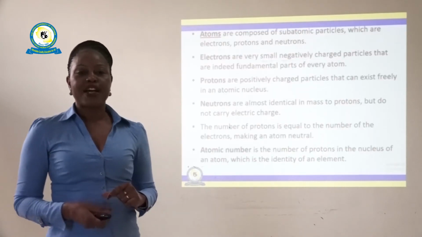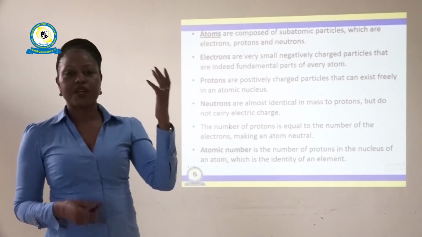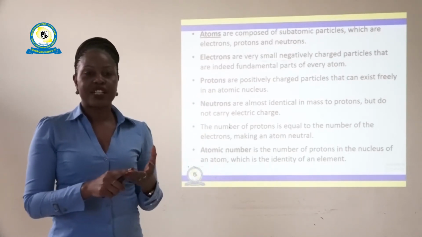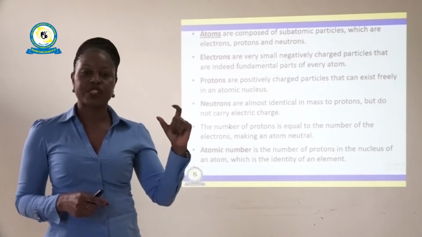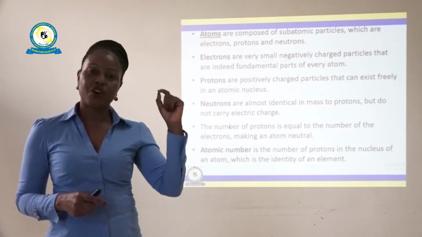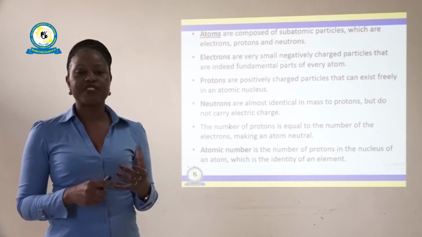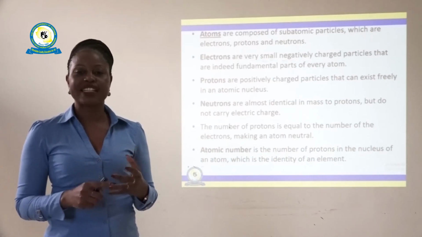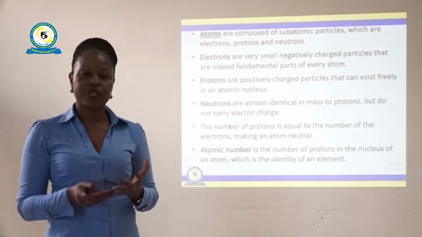So an atom is composed of subatomic particles, which are electrons, protons, and neutrons. Electrons are very small, negatively charged particles that are indeed a fundamental part of an atom, whereas protons are positively charged particles that can exist freely in an atomic nucleus.